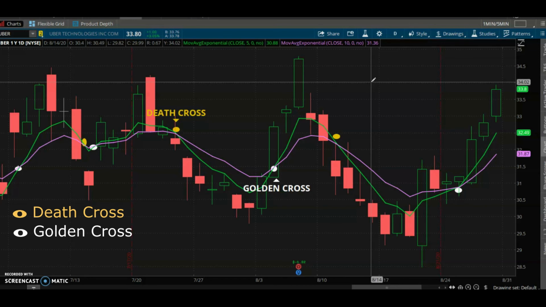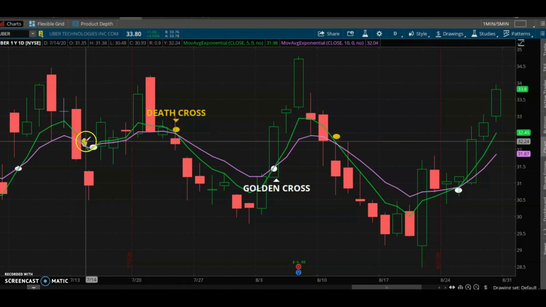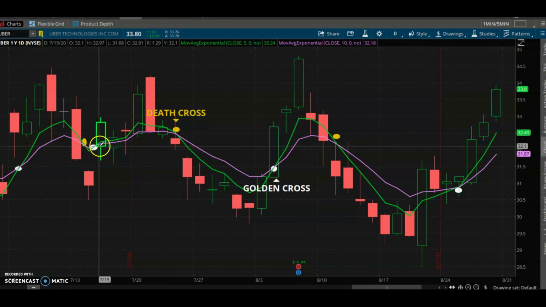They're pretty strong indicators, but still you can see a situation here where there's a death cross and literally the next day there's a golden cross. So you'll always have anomalies that occur in price action. It's not a science. It's not even an art. It's just the way the stock market moves.